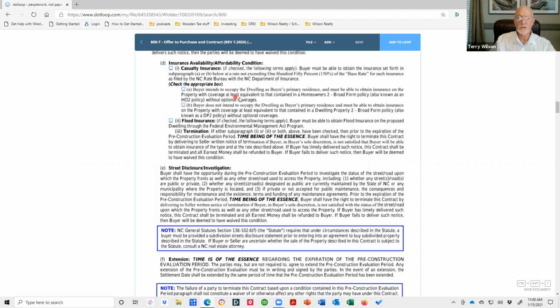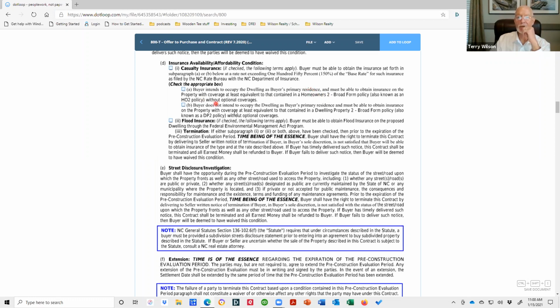Does the buyer intend to occupy the dwelling as the buyer's primary residence? If so, they must be able to obtain insurance on the property with coverage of at least an HO2 policy, broad form policy. Most common policy, by the way, is an HO3, which is comprehensive, but the buyer has to be able to get at least an HO2 policy, fire.